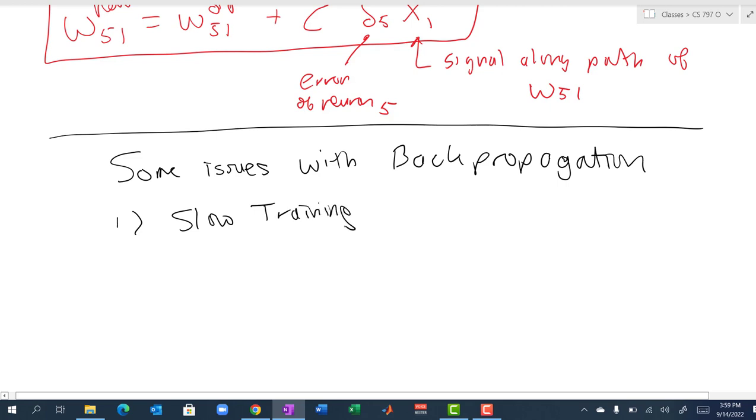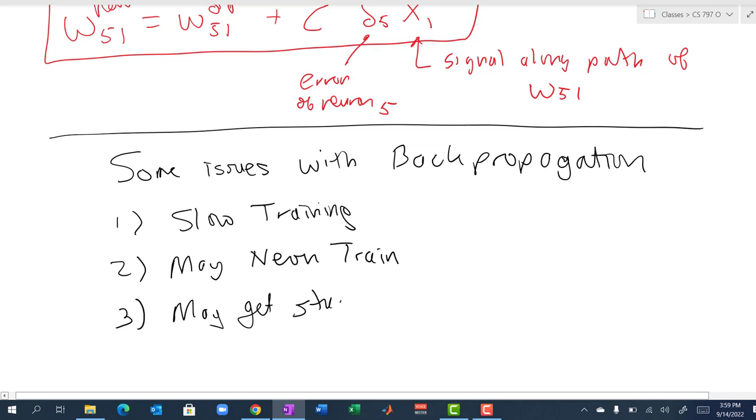I'm going to write these and I'm going to draw a picture. It may never train, or it may get stuck in what's called a local minimum.